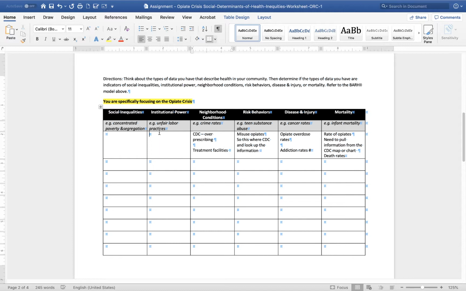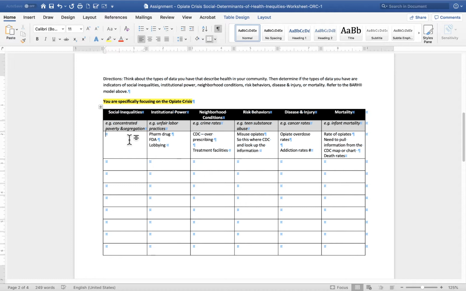Unfair practices: this is where we look at the power of pharmaceuticals, drug companies, FDA regulations, lobbying. Look again in your Canvas module, and I want specific examples here.